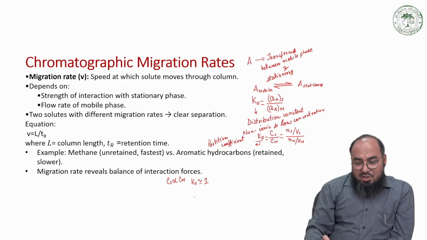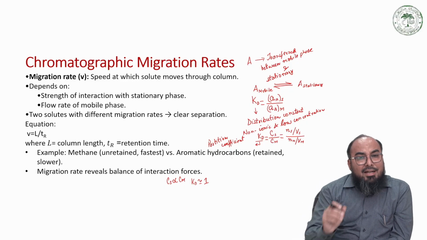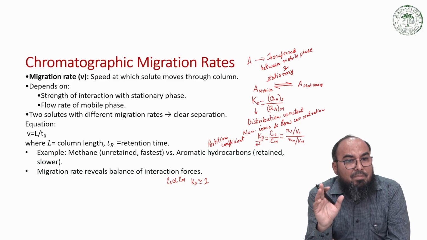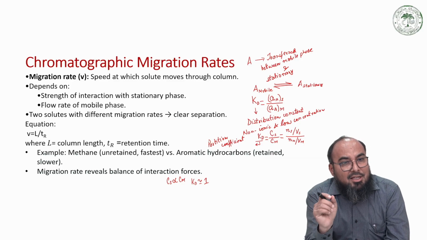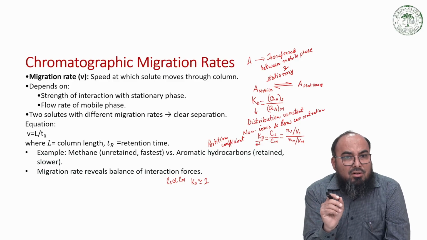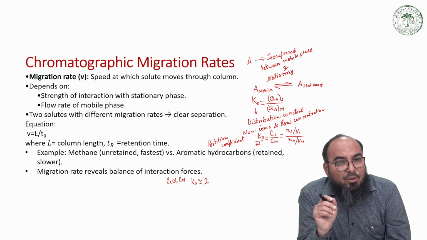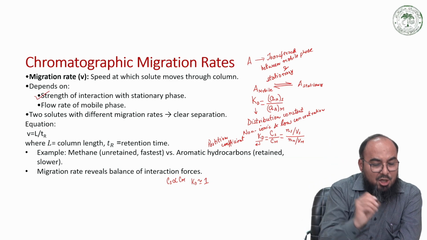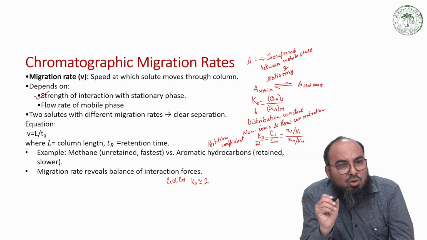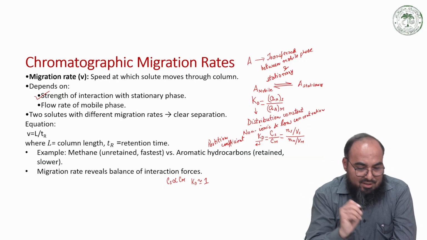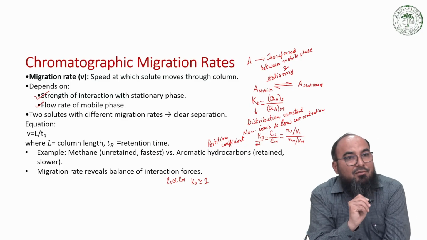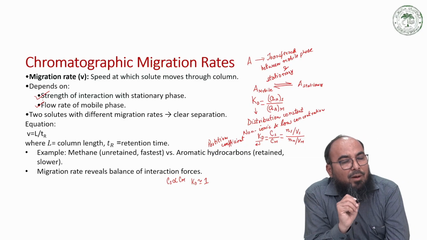So the two solutes actually get migrated on the basis of their interaction with the stationary phase. This migration depends upon two factors. Number one is the strength of the interaction with the mobile phase, and number two is the flow rate of the mobile phase. Now this is the point which we have to discuss, the flow rate of the mobile phase.